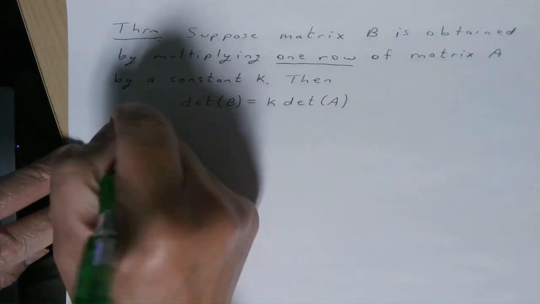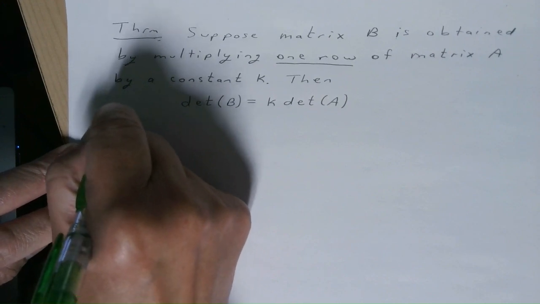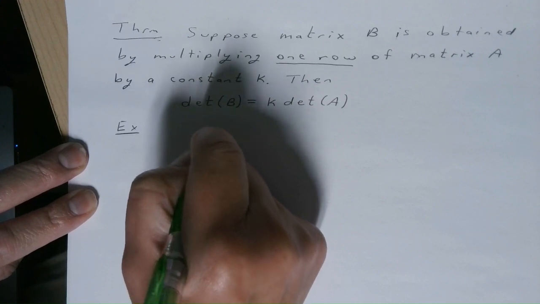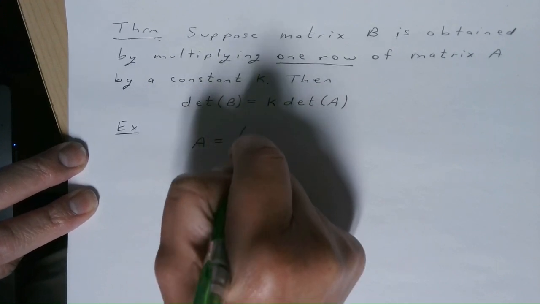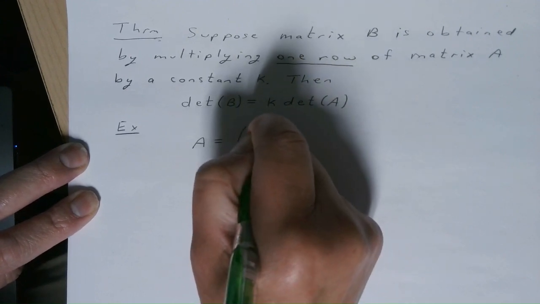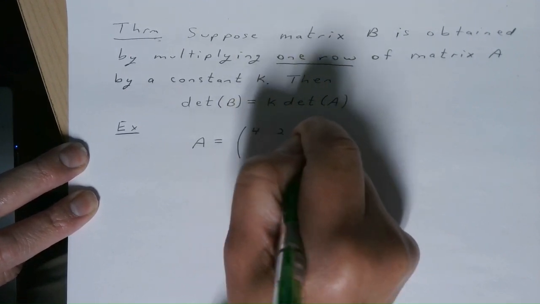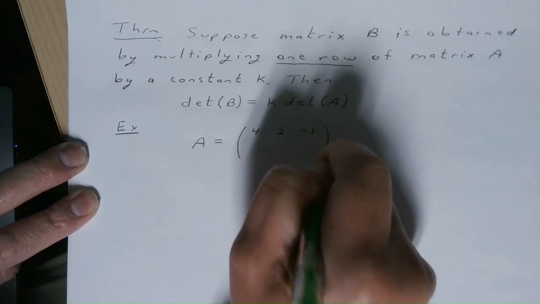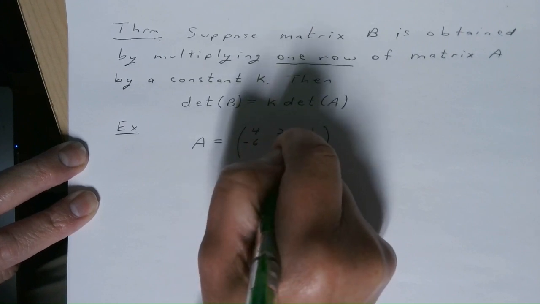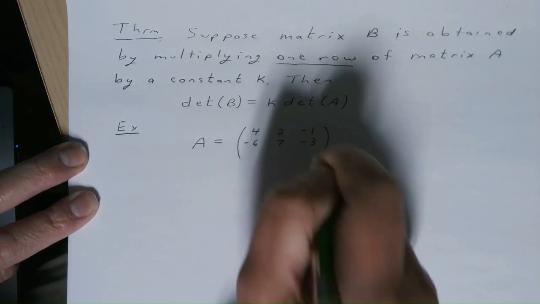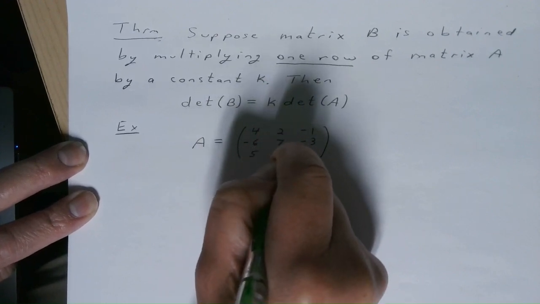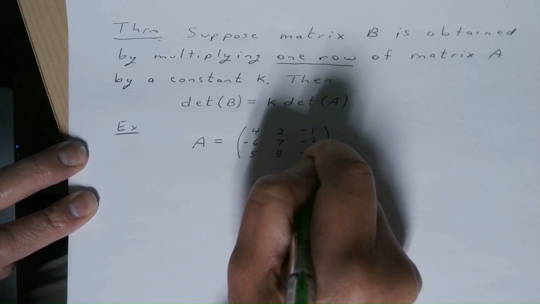Consider this matrix here. Consider this matrix again. Let me call it A. And A has 4, 2, minus 1, minus 6, 7, minus 3, 5, 8, minus 4.